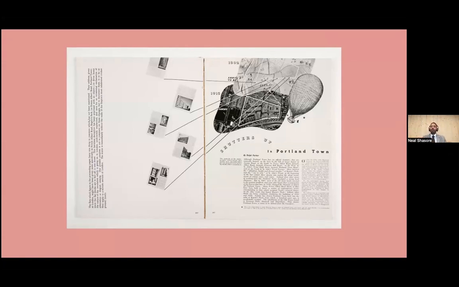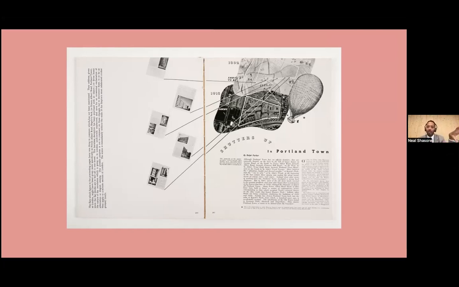But what I wanted to focus on in this context was, because the chapter talks about the birth of the Georgian Group, what I try to do is tell a different story about Georgian preservationism, an alternative history of the origins of our modern system of preservationism, and I do that through this particular episode relating to Portland Town.